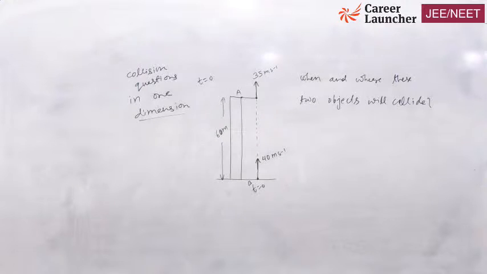Jivalak answered 5 by 4 meter, okay. It is possible that maybe both of them are at the ground, or one of the particles is at the ground and then another is hitting it. You got what I'm saying? It is possible that one particle is already at the ground and then the second one is hitting at the ground.